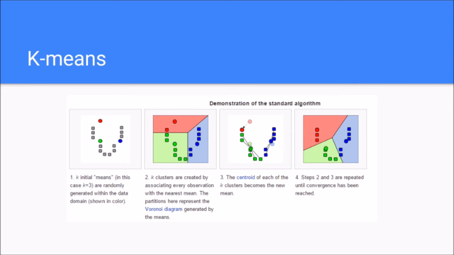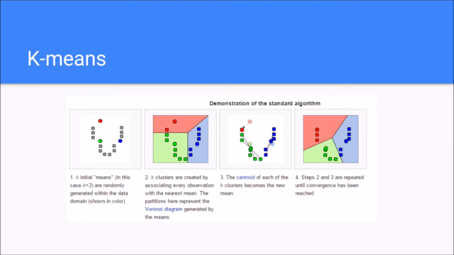And if we go to step 3, we can see that the centroid is actually moving towards the mean distance between all the data points. So now we have a new centroid, and this will end up with new data points in each cluster.